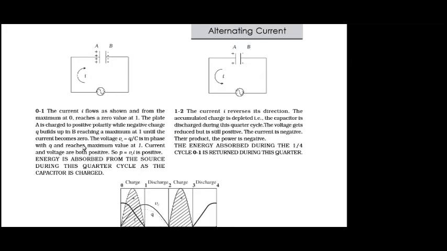The current becomes 0. The voltage Vc is equal to Q by C, is in phase with Q and reaches maximum value at 1. Current and voltage are both positive. So P is equal to Vc times I, is positive.